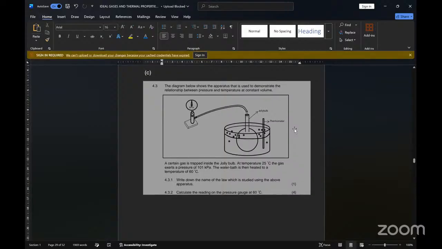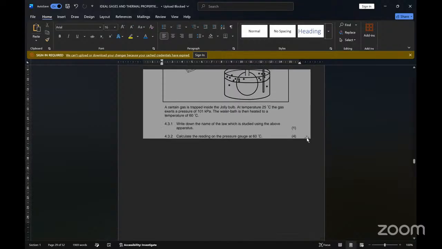It says that a certain gas is trapped inside the Jolly bulb. At temperature 25 degrees, the gas exerts a pressure of 101 kilopascals. The water bath is then heated to a temperature of 60 degrees Celsius. Write down the name of the law which is studied using the above apparatus.